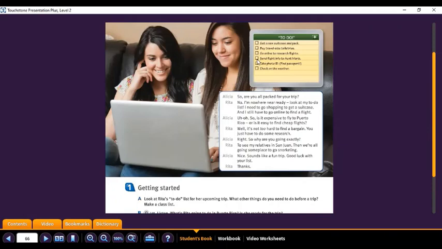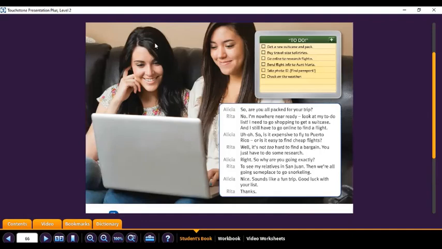Okay, in this list, go online to research flights. Shopping for the suitcase, is it in the list? Yes, it's in the list. Sorry. David, can you repeat the question for me, please? Yes, and what other things would you include in this list before going on a trip?